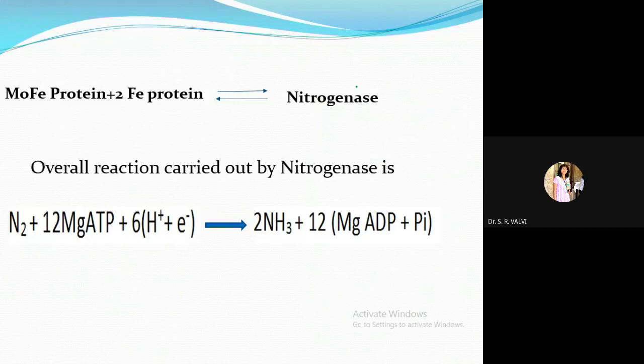Now see again, I have given one molecule of MoFe and two molecules of Fe, right?